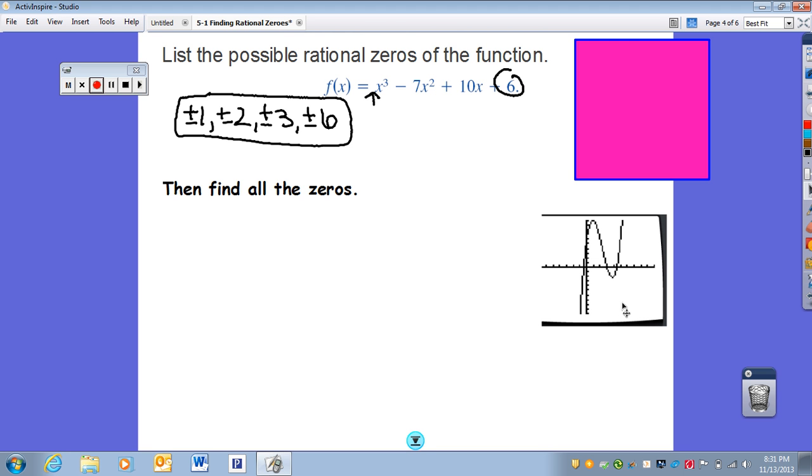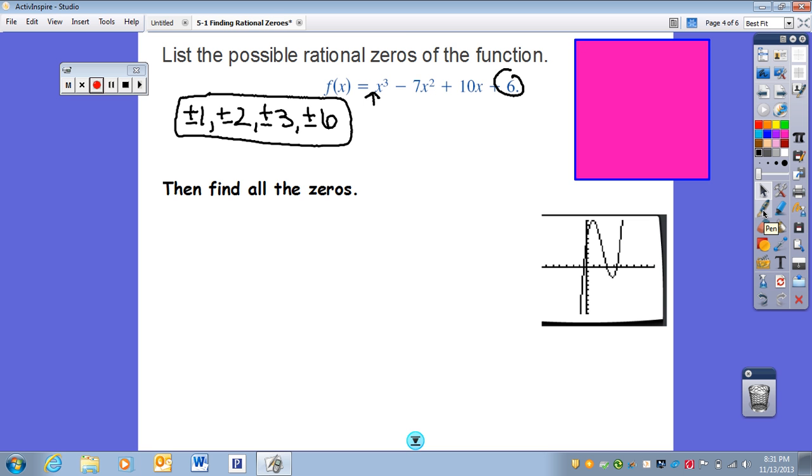So remember, to do that, you're going to press the y equals button and enter the polynomial function into your calculator. Then you press graph. And so what we can do then is estimate what the zeros are for our polynomial function, and at least be able to find one and then take a look at some more.